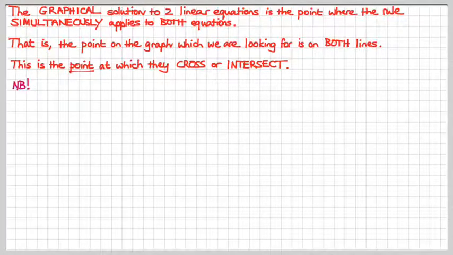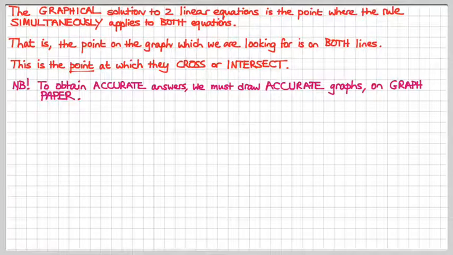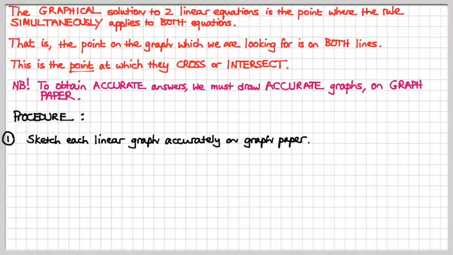Let's have a look at this in a bit more detail. NB. To obtain accurate answers, we must draw accurate graphs on graph paper. Otherwise, anything could happen really. It won't be very accurate. The procedure: what do you do? First of all, you sketch each linear graph accurately on graph paper.